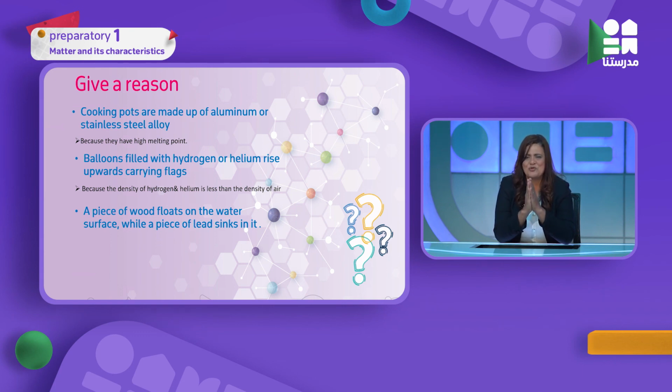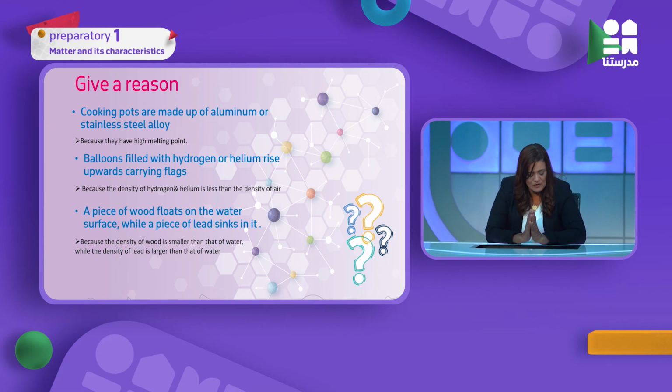Why? Because it is more dense, that is why it sinks down. طب ليه الوود؟ لانه less dense floats at the surface. Because the density of wood is smaller than that of water, while the density of lead is larger. طبعا heavier than water. Okay?